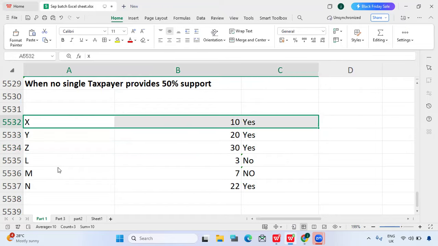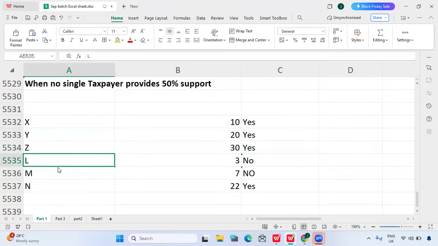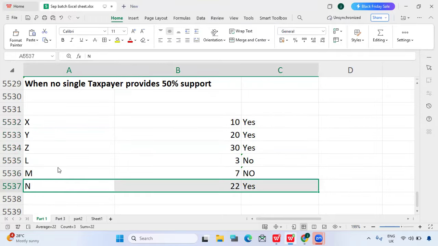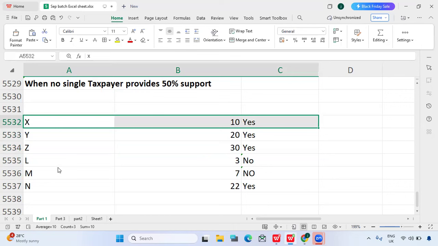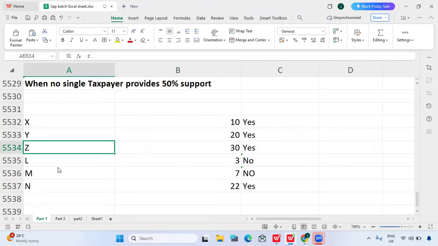Like let's say X would like to claim; then Y, Z, and N should agree and sign an agreement. Then only X can claim, because no one is providing more than 50%. So we have to take the consent from others to claim as a dependent. So that is the key.